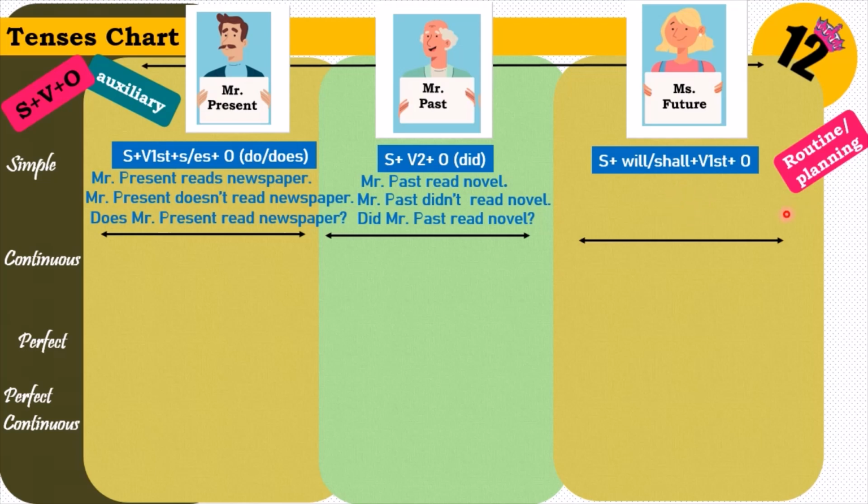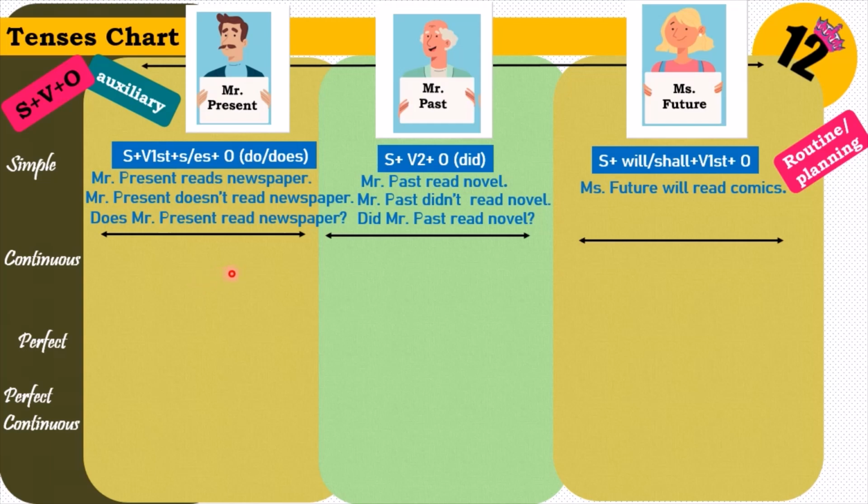In future tense, we always place the first form of the verb and then the object. Here is a sentence. Miss Future will read comics. So it also represents planning. The initial simple present tense was representing routine, but future tense is representing planning.